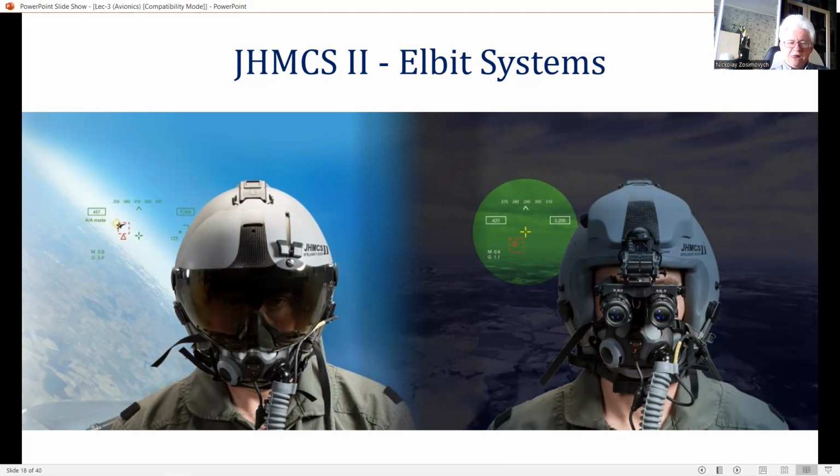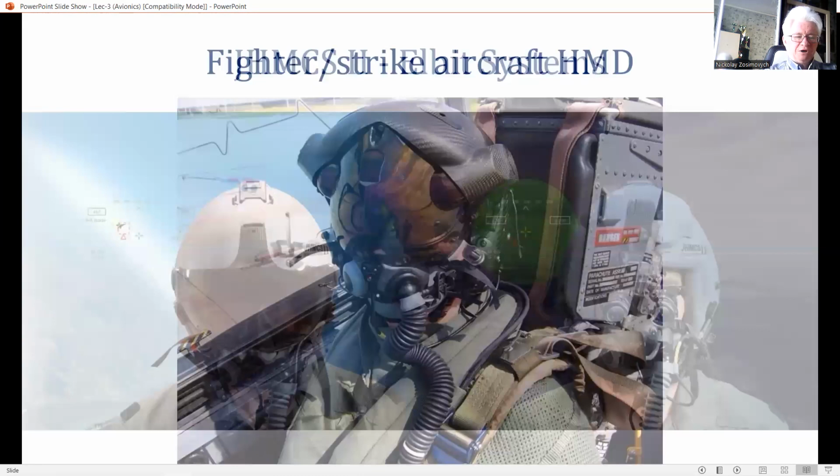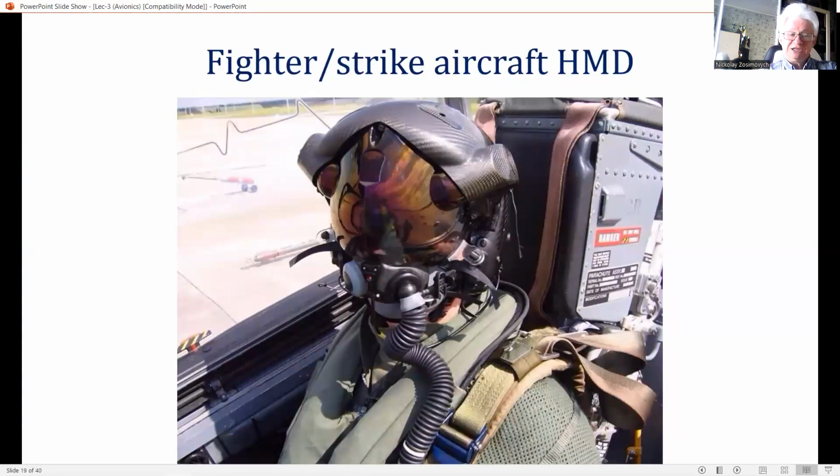Binocular HMDs for helicopter applications have minimum FOVs of 40 degrees, and FOVs of over 50 degrees have been produced. Fighter or strike aircraft HMDs generally have FOVs of 35 to 40 degrees, trading off FOV for a lower weight optical system.